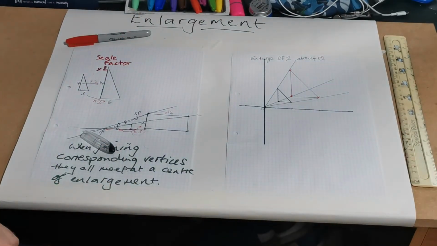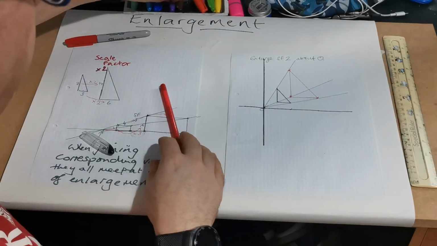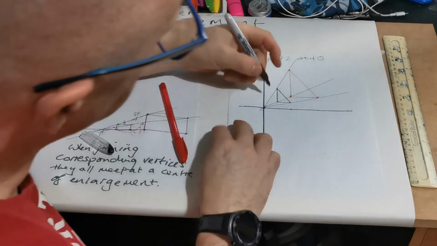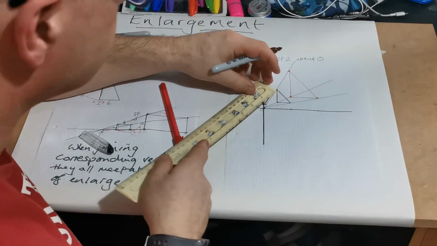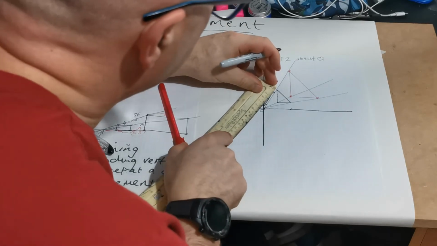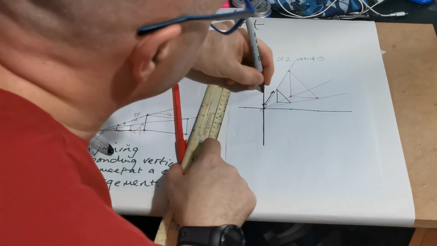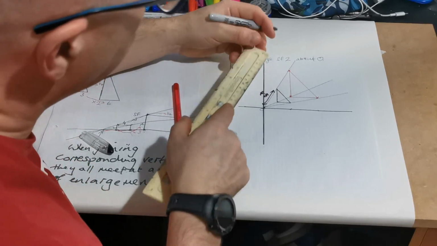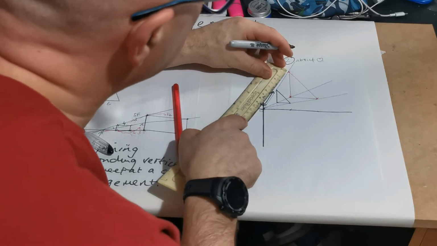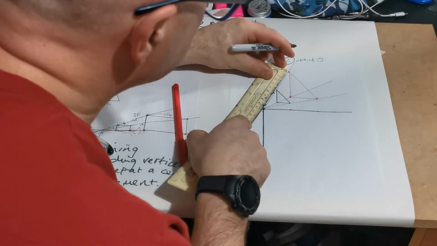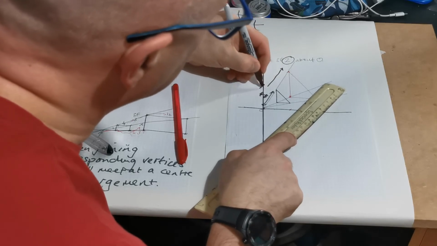So, the traditional way to do it is to say, I'll measure this distance here. That is 4.8 centimetres, and then because I've got a scale factor of 2, I'm going to times it by 2, and I'm going to draw 9.6 centimetres along that line.